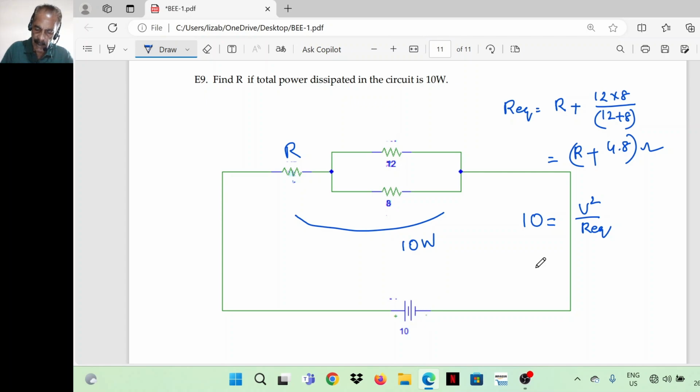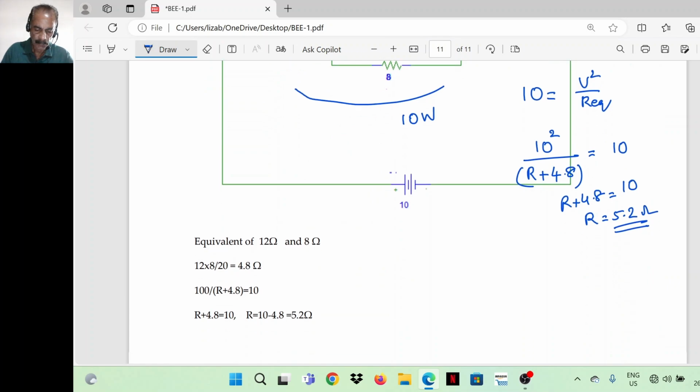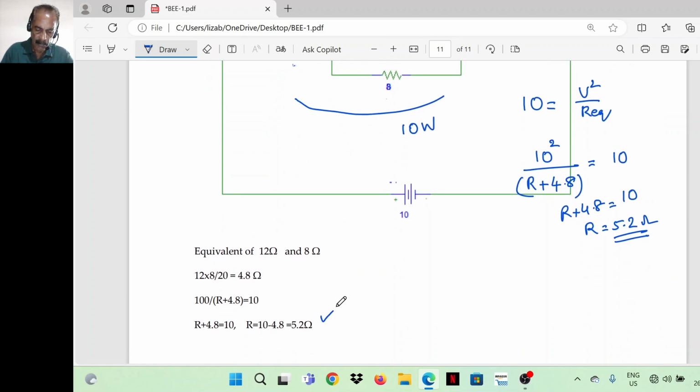So V is 10. So 10 square divided by (R plus 4.8) is equal to 10. Or R plus 4.8 is equal to 100 by 10, that is 10. So R is equal to 5.2 ohms.